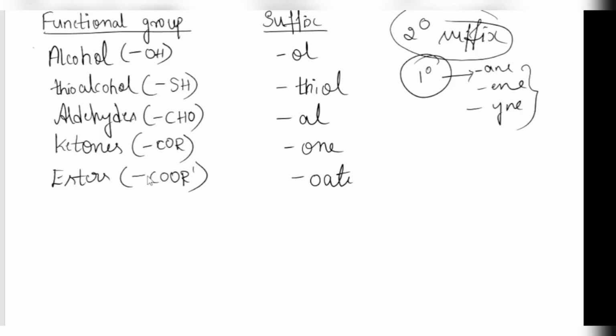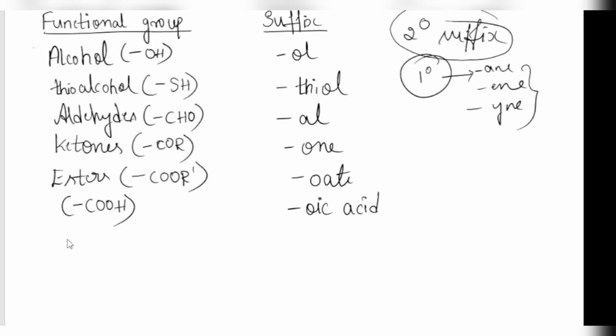Then if carboxylic acid is there, generally I will write it as COOH, because everyone will know this is carboxylic acid. We will use oic acid as a suffix over here.